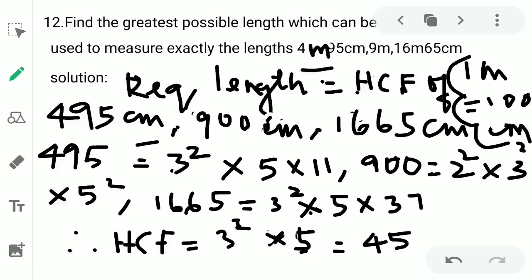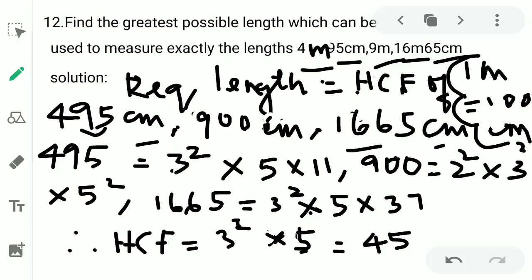So when I take 4 meter, 4 into 100, 400 plus 95, I am getting 495 centimeter, 900 centimeter, and 1600, 16 into 100 we have to multiply, 1600 plus 65. Since both are in centimeter, we have to add it. So 1665 centimeter we will get.